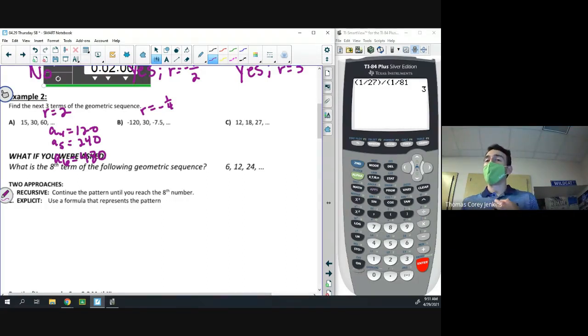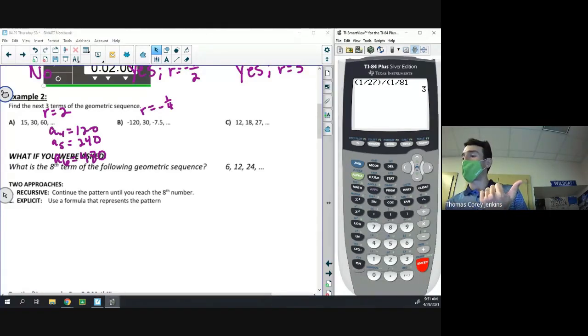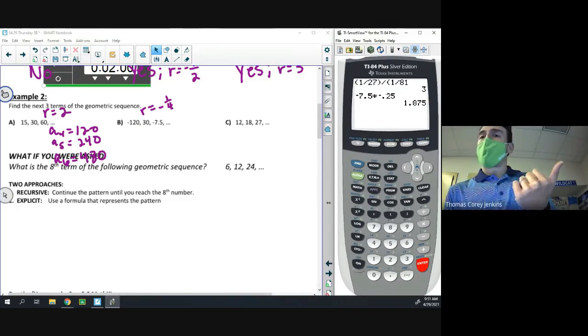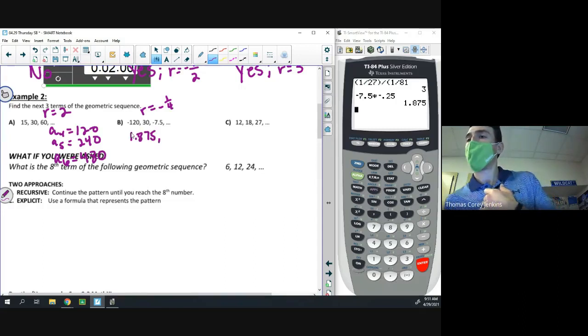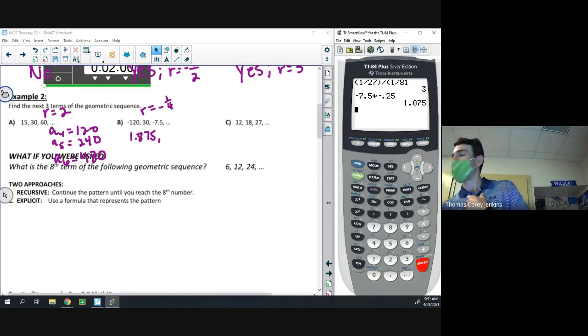So now we'll just use our calculator from there. To find the fourth term, we go from the third term, negative 7.5, and just multiply by negative 0.25. So 1.875. And I'm going to hit times negative 0.25 again.